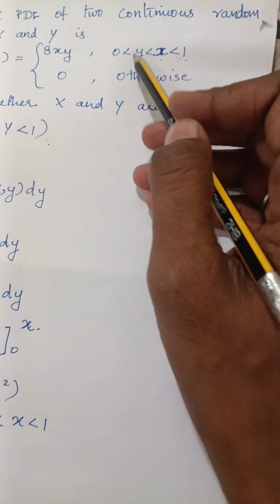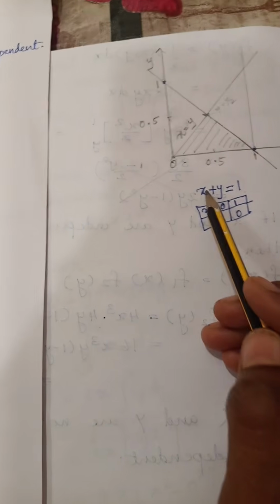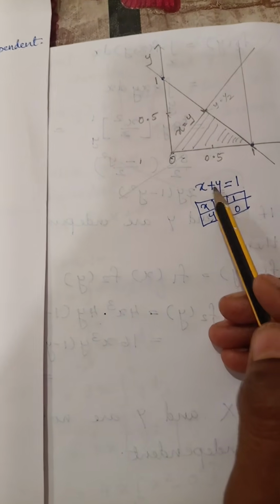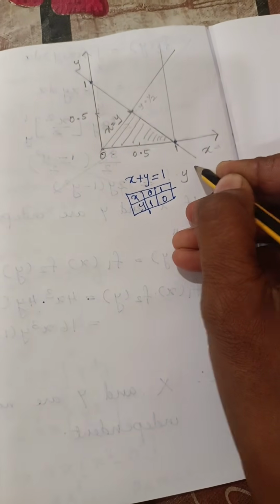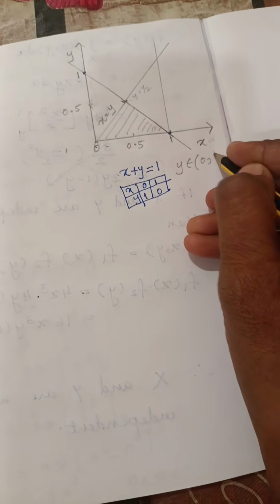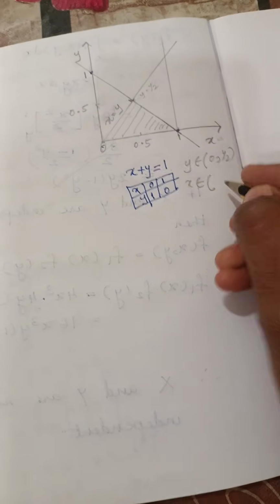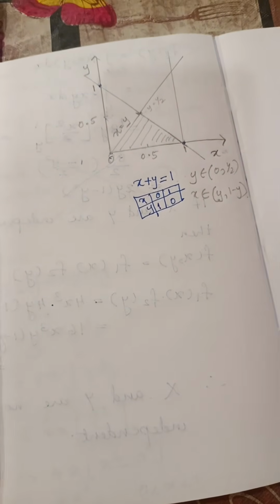The lower limit of x is y, and x plus y less than 1 means x will be 1 minus y. So we are going to integrate y from 0 to 1 by 2, and x from y to 1 minus y.